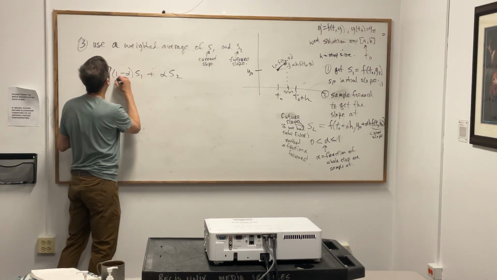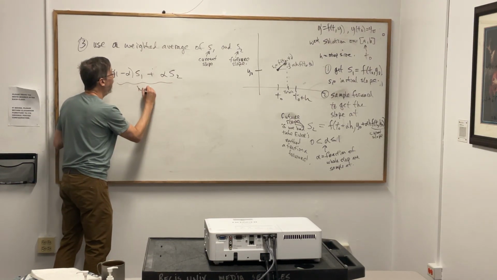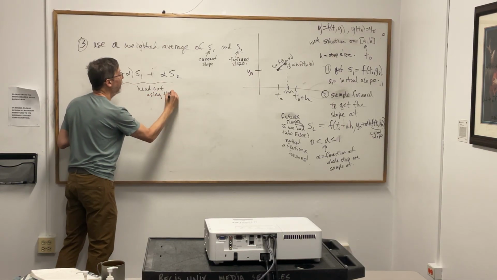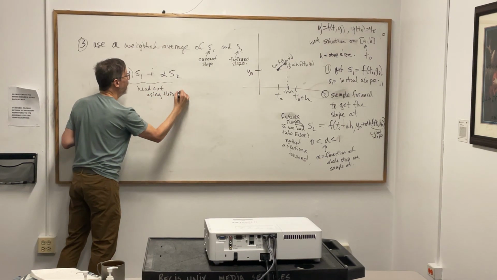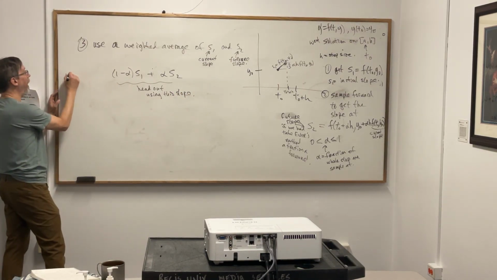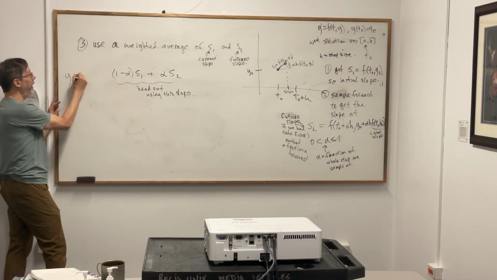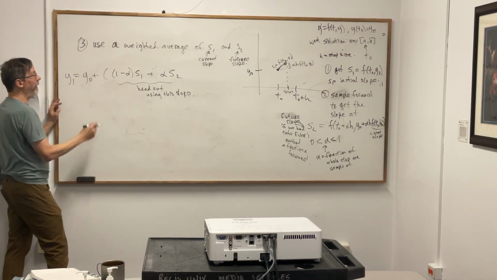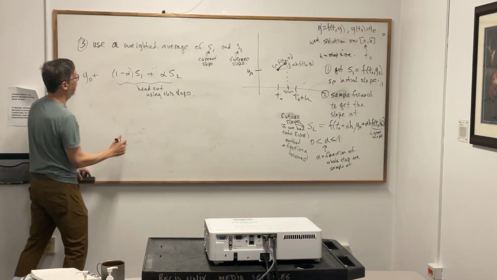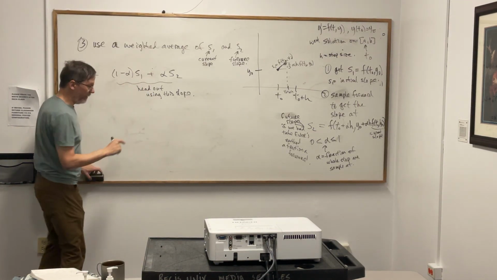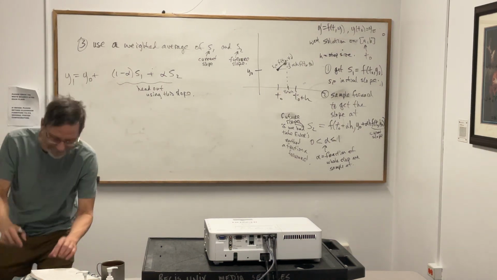So head out using this slope. And so that means our y1, our update, is going to be our current y plus this slope. Yep, let me just double check my notes here.